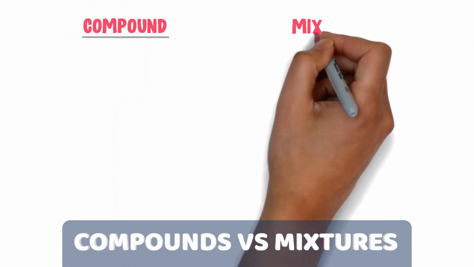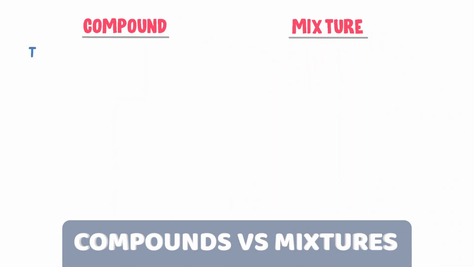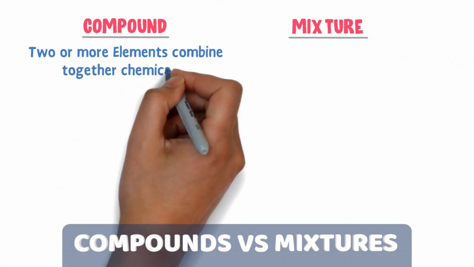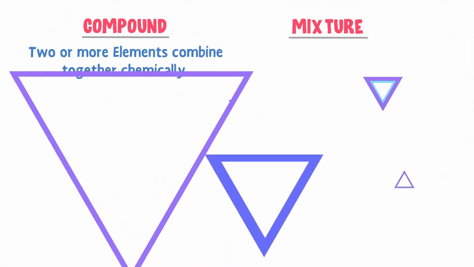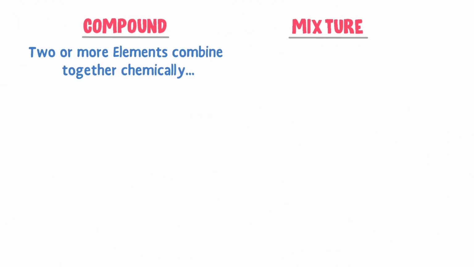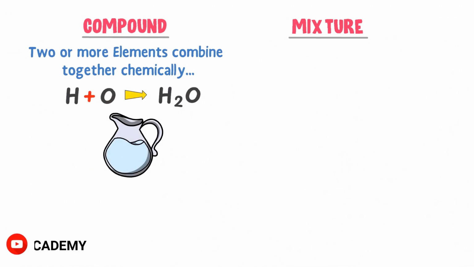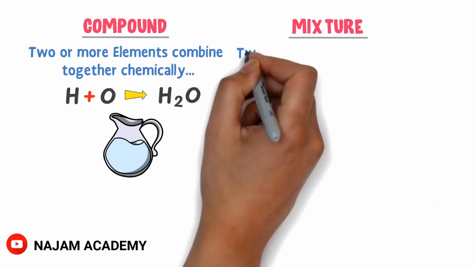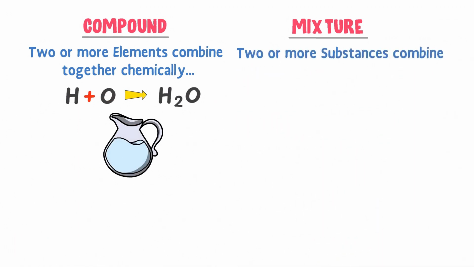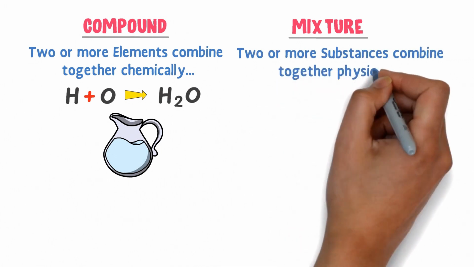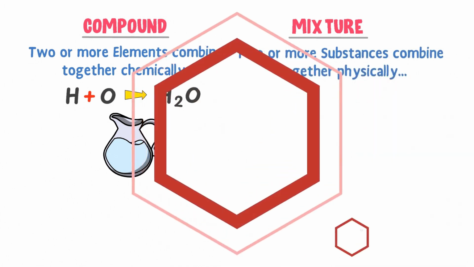Let's now check the differences between a compound and a mixture. Let's start with the compound. Two or more elements combine together chemically. For example, if you have hydrogen and oxygen elements, if you combine them, you get water, as you can see. But for the case of a mixture, two or more substances combine together physically.